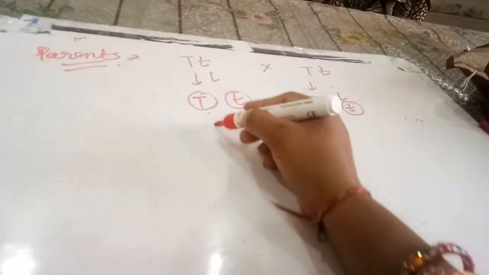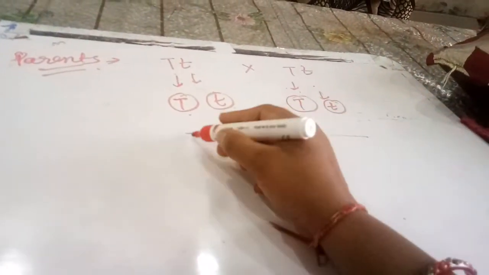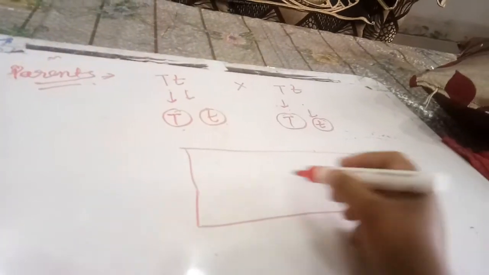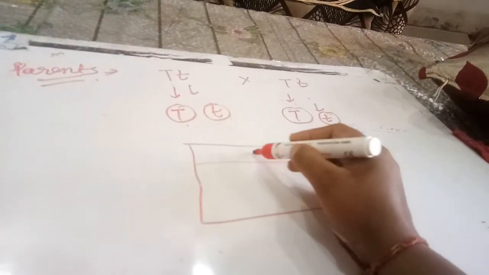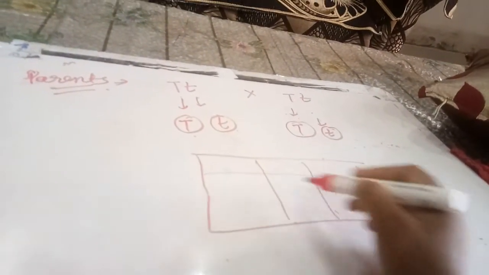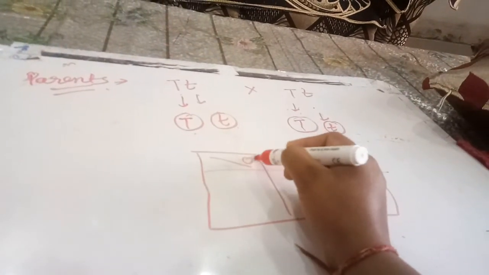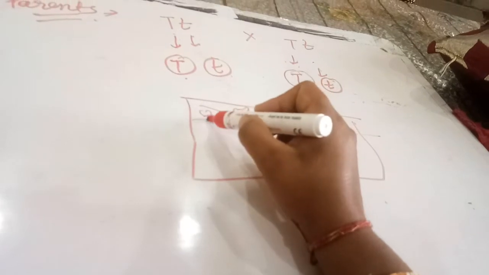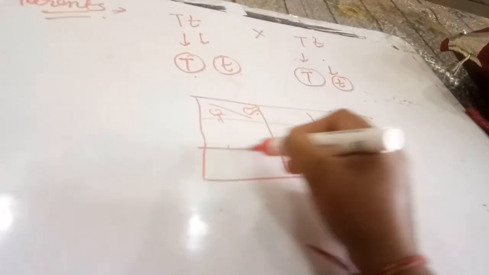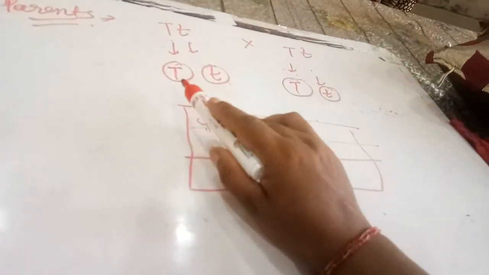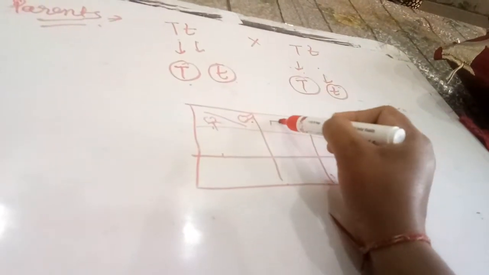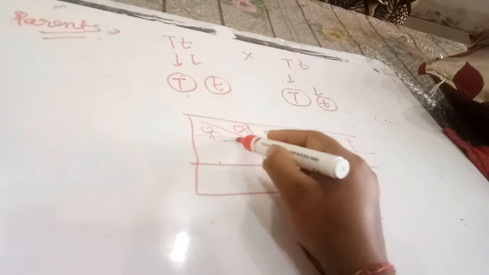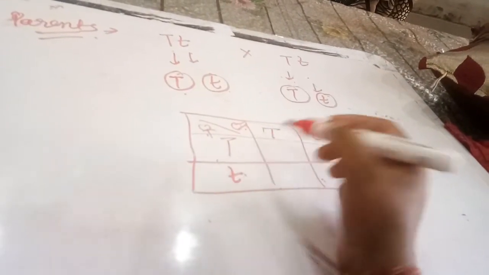after the crossing we put a Punnett square, and in this Punnett square one parent's gametes are capital T and small t, and the other parent's gametes are capital T and small t.